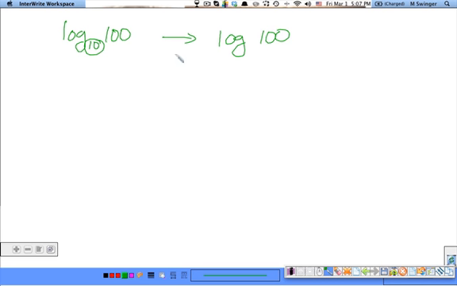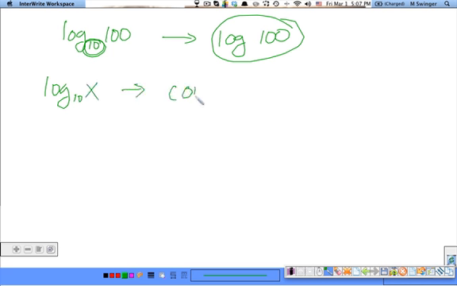See how it's missing? We write it like this because this is the most common logarithm. We call log base 10 of x our common logarithm. Write that down, remember that. Common logarithm. So we don't write the 10.